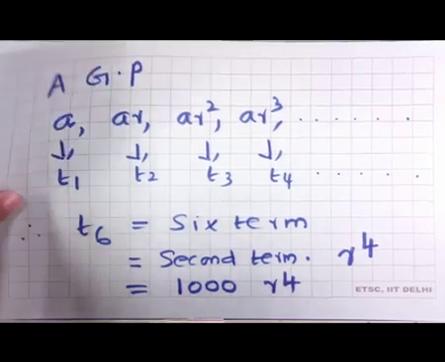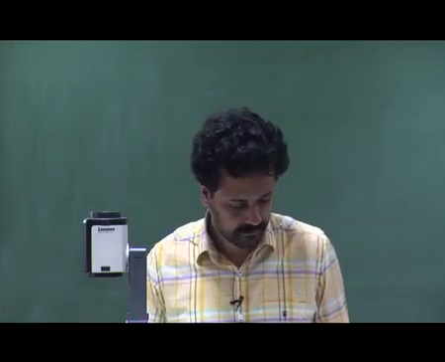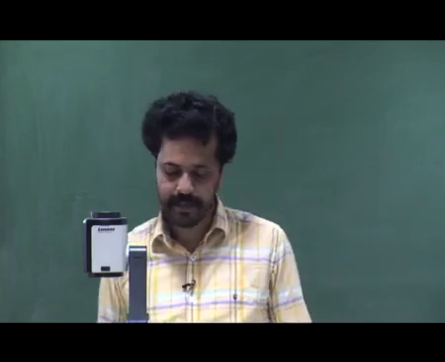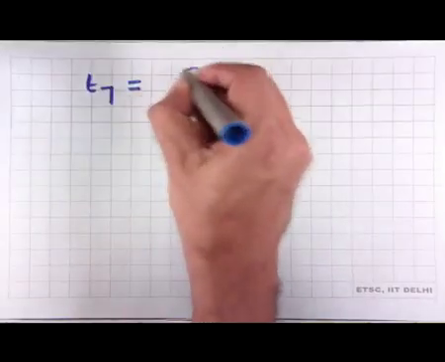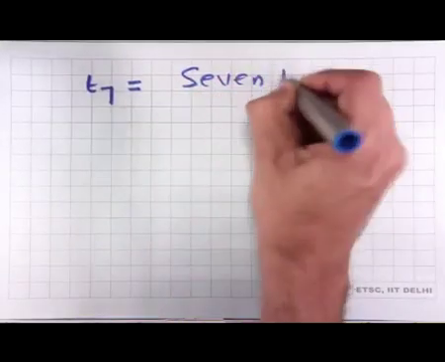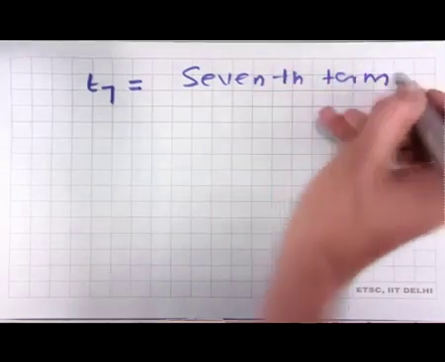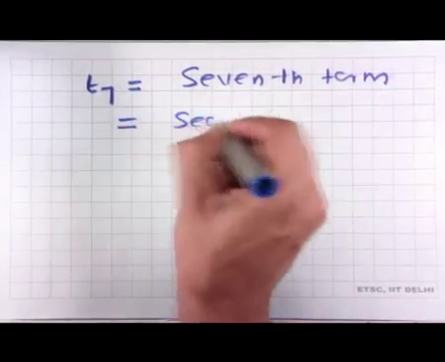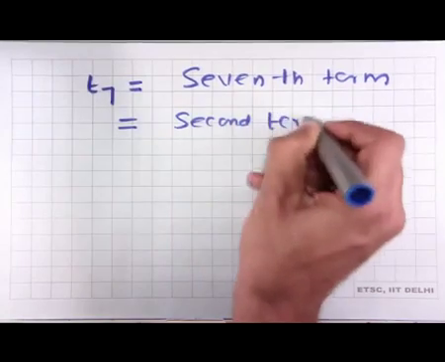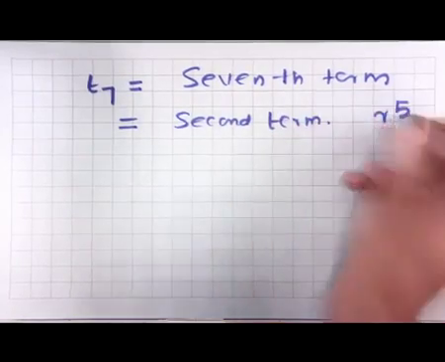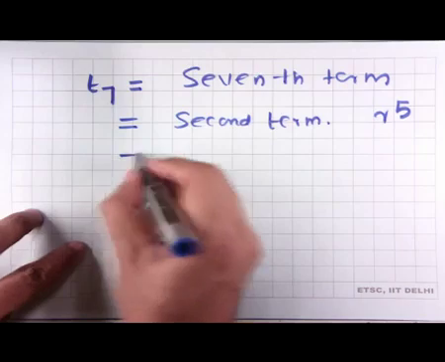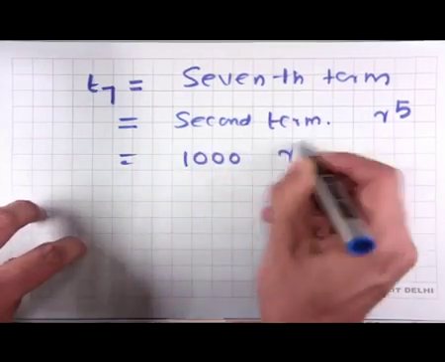Similarly, T7 would be the seventh term, that is just a notation, which is equal to the second term into R power 5, which is 1000 into R power 5.